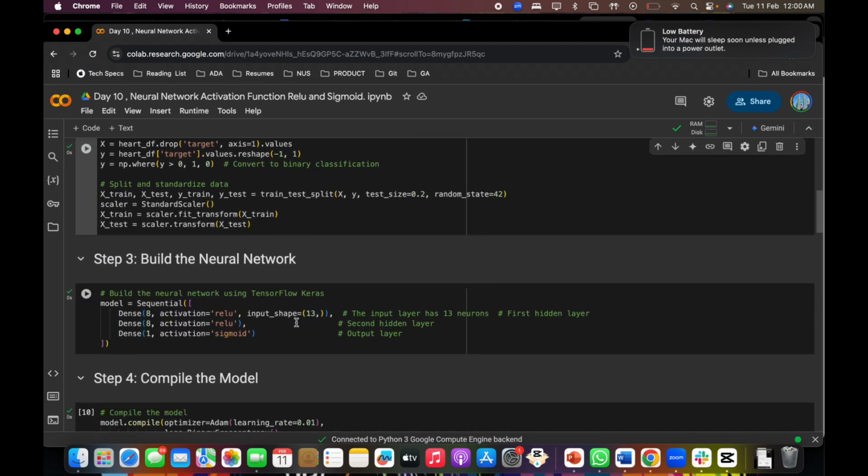So here, very important, building the neural network. You can see I have built the neural network. The input shape is 13, so I would have an input layer of 13 neurons. Then I have two hidden layers of 8 neurons. The output layer has only one neuron, which is going to give me output yes or no, whether the person is going to have a heart disease or not.